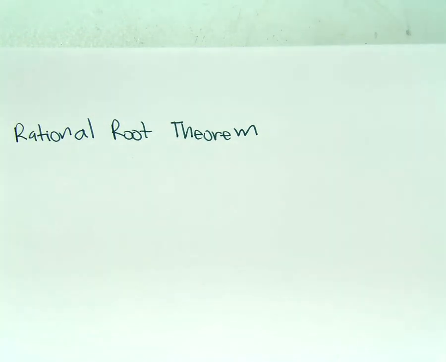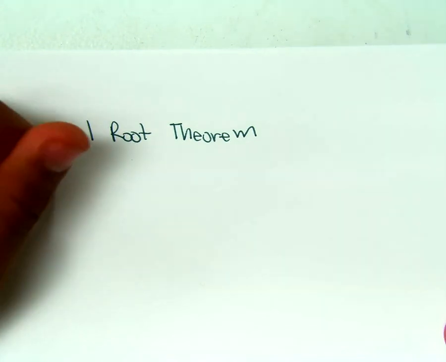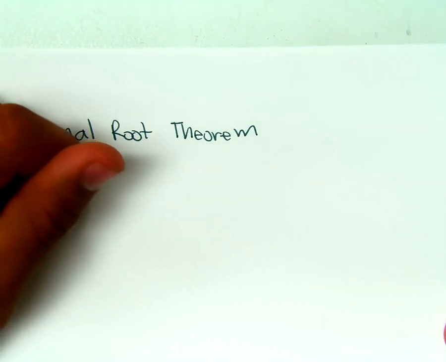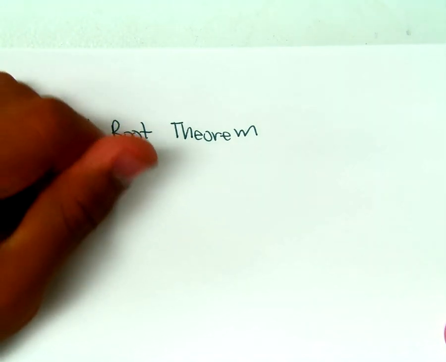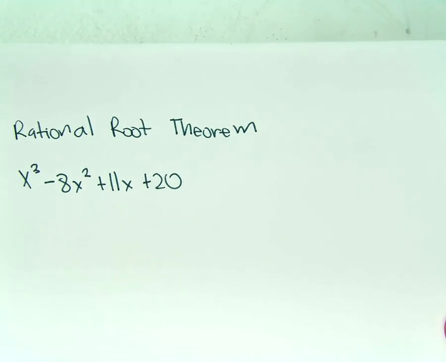Alright, so let's say that we were given the equation x cubed minus 8x squared plus 11x plus 20.